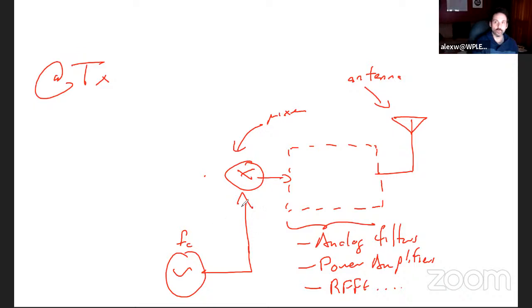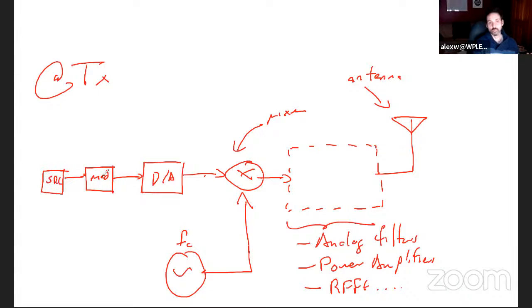That's where your cosine and sine are all built off of. Then, of course, you have your digital to analog converter, and then you have your modulation to a specific symbol. Here's your binary source.